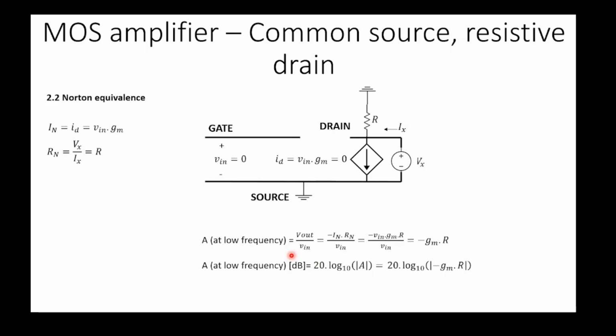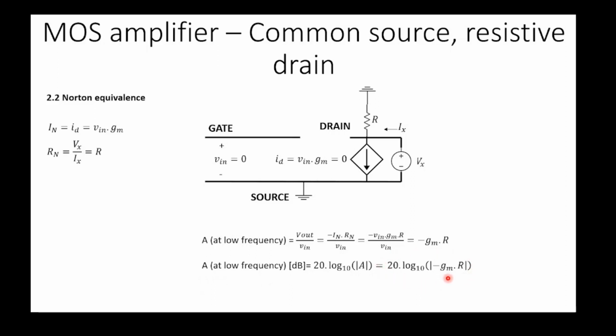Usually when we analyze the gain, we don't analyze directly the value of the gain, but we convert it to dB. To convert to dB, we take the formula 20 times log10 of the amplitude of the gain. We will see this value and know that the gain of the circuit at low frequency is this expression, this value.